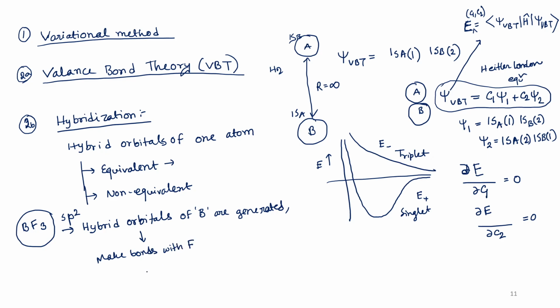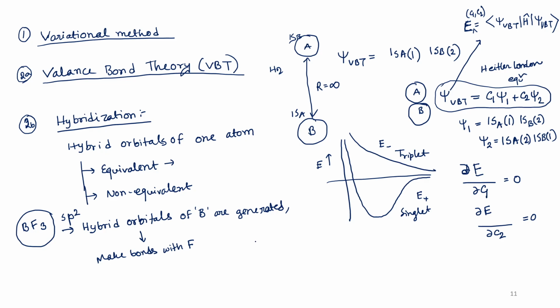That depends on which orbital of boron fluorine is going to bond with, but let that be another case. Here, hybrid orbitals are generated only on the central atom, that is boron.